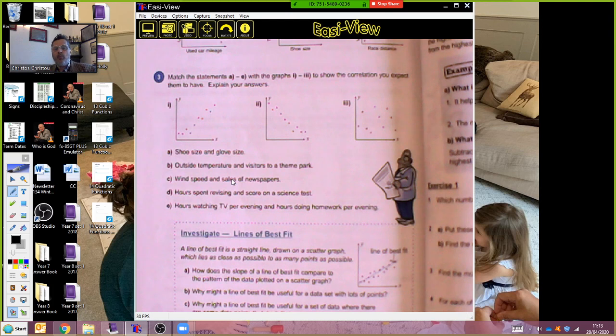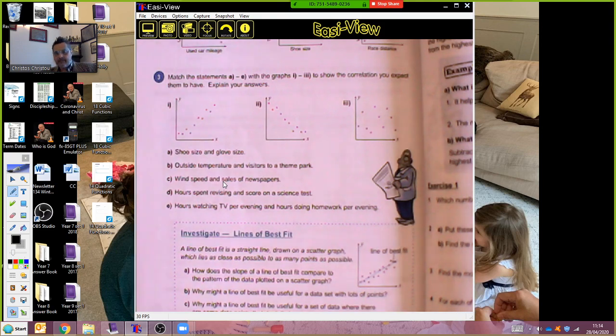Right. How many of you went with negative correlation? More wind speed, less sales of papers. Did any of you go with that? No correlation. Okay, so if you go with the newspaper stand, you're not going to want to stand there reading a newspaper and it gets blown away into Russell Square or somewhere.